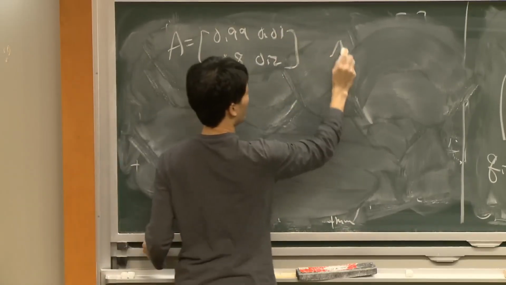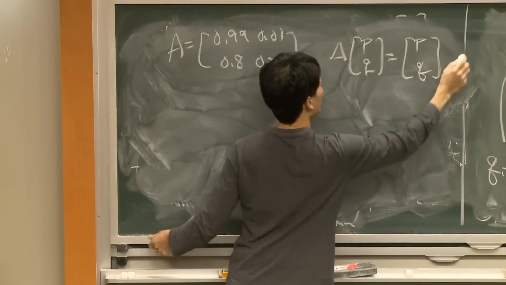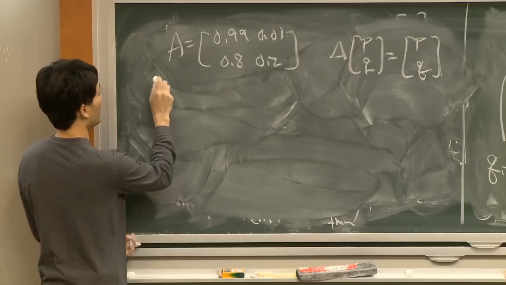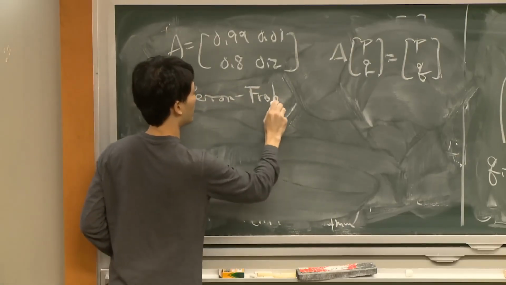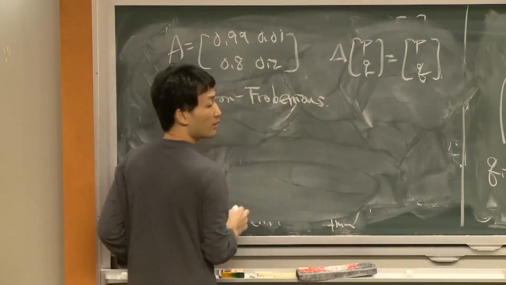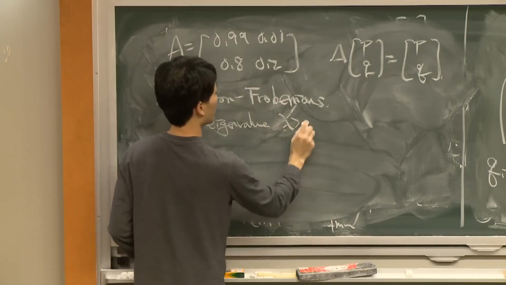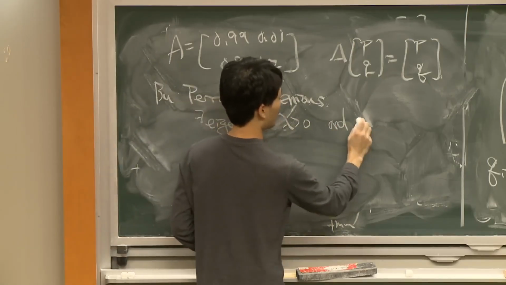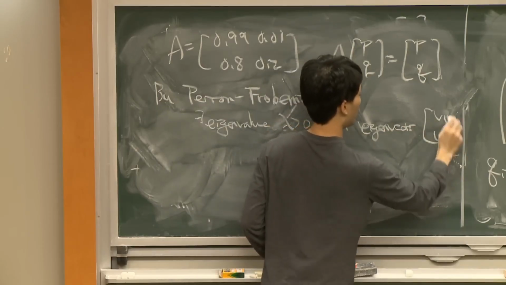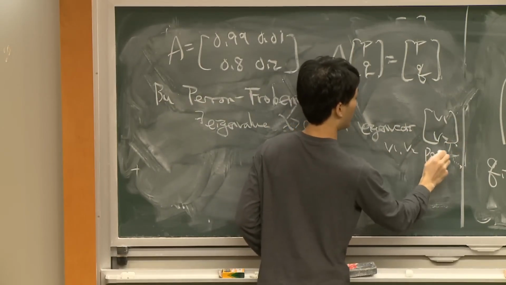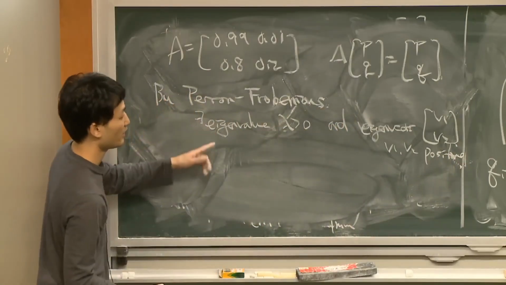And then what we know is this A. And one more thing we know is by Perron-Frobenius there exists an eigenvalue, the largest one, lambda greater than 0, and eigenvector (v1, v2), where v1, v2 are positive. Moreover, lambda has multiplicity 1. I'll get back to it later.